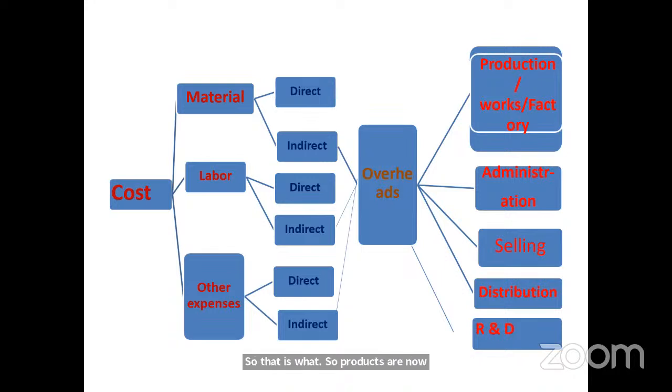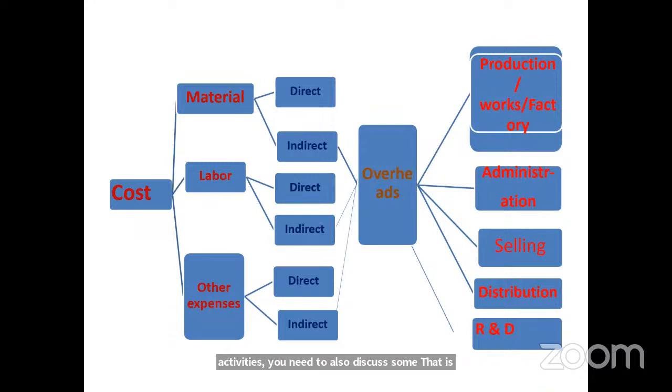Production overhead means some indirect expenses incurred in the production department. Again, administration: in order to perform various administrative activities like your office activities, you need to incur some indirect expenses. That is administrative overhead.